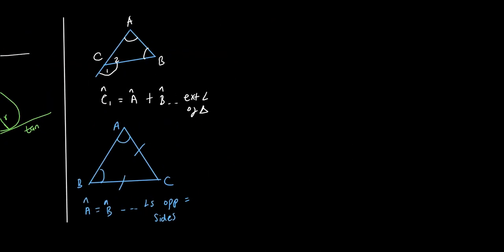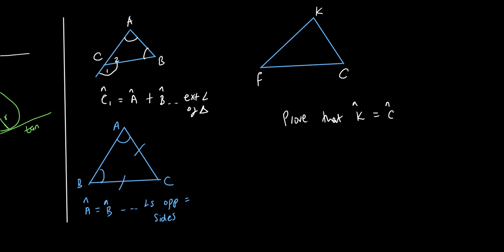Okay. And the same property of a triangle, what they would also like you to do is, if they say we have triangle KFC, and they say prove that angle K is equal to angle C. If I were to ask you to prove that angle K equals angle C, what would your approach be aimed at proving first?